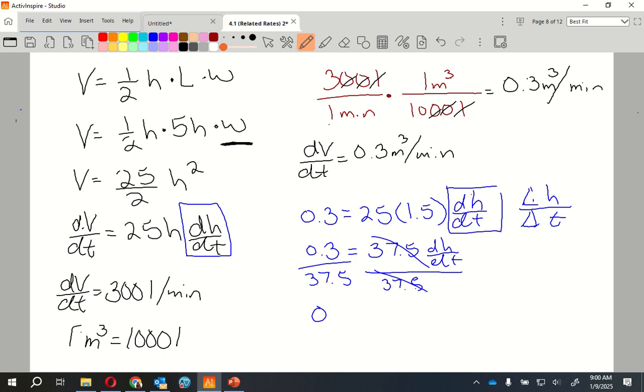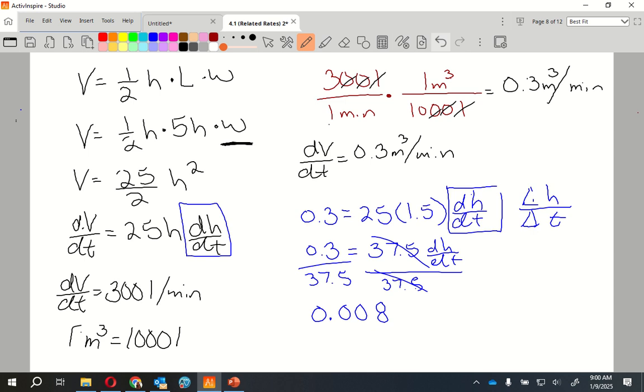What did we get there? 0.008? Now, what are my units? No. What is this though?